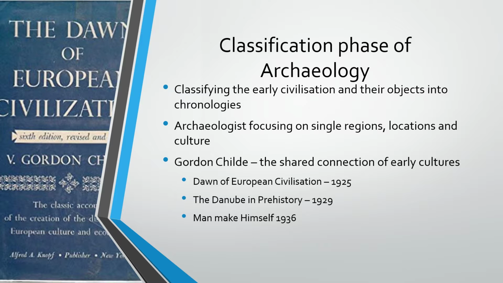In his last book in 1938, Man Makes Himself, he tries to answer in more detail how civilizations come about. His idea was that during the Neolithic a revolution happened, where the domestication of farming, both of plants and animals, just blew up.